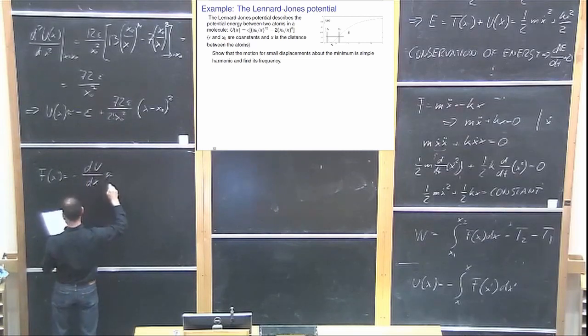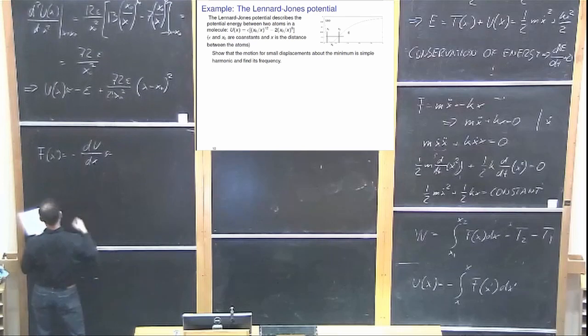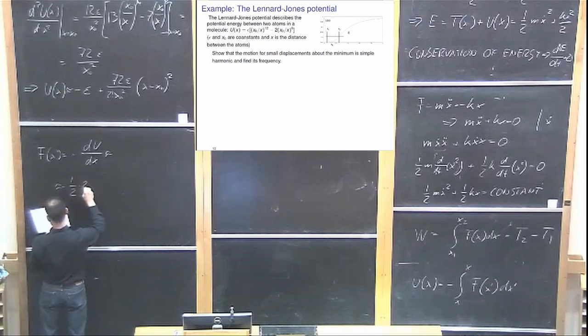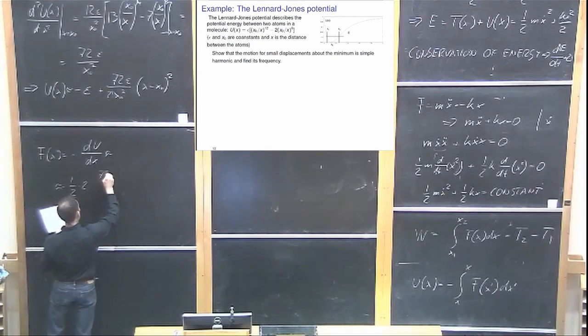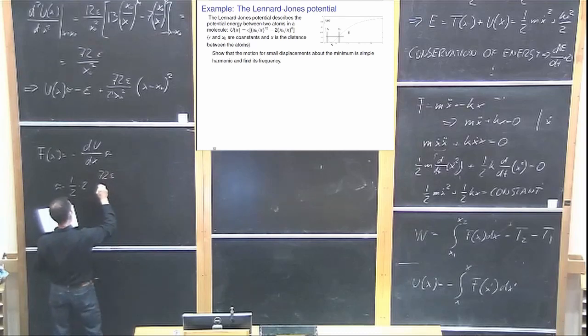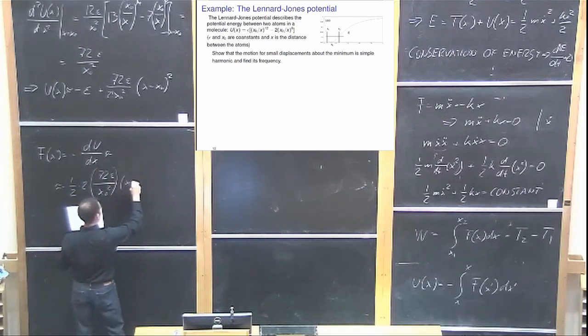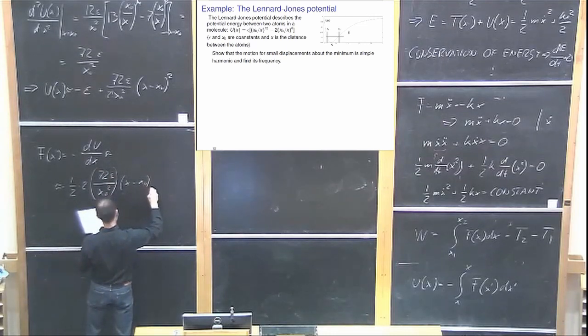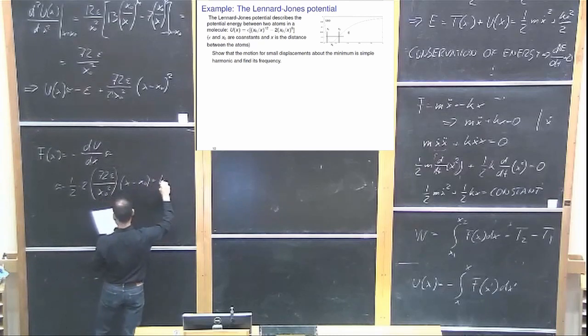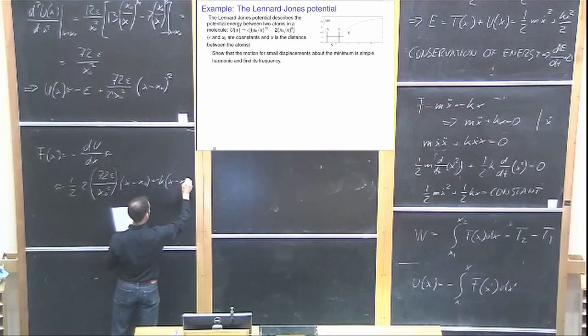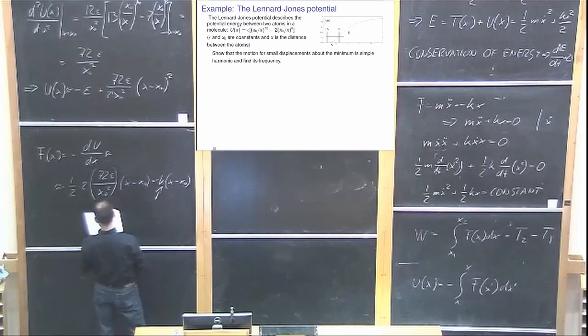And that's approximately minus 1/2 times 2, and then we have the 72 epsilon over x naught squared times x minus x naught, and then we just write that as minus k times x minus x naught. This is our spring constant.